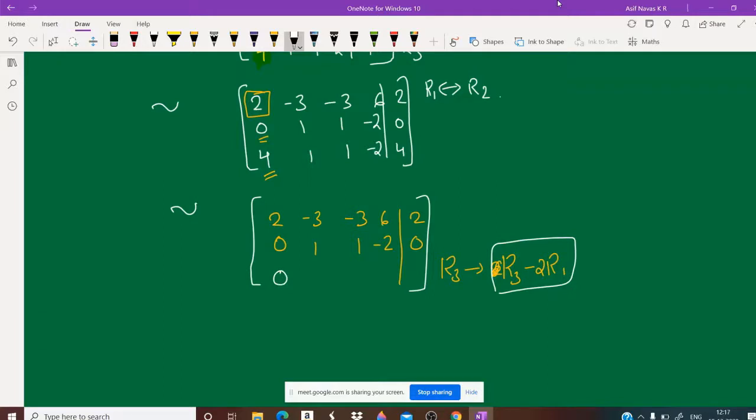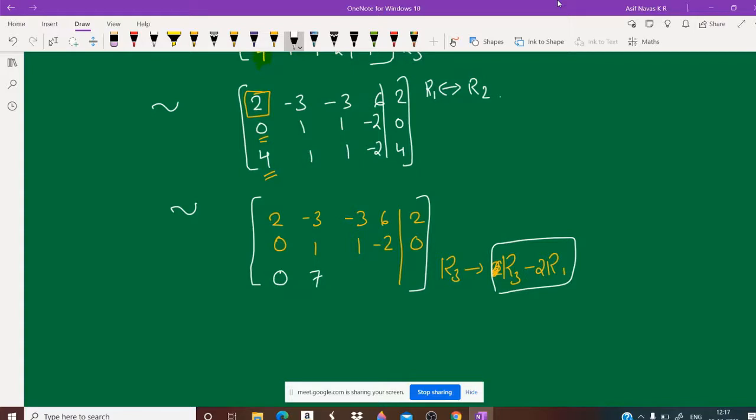And what will be here? Tell me what is the value here? 1 minus minus 6, that is 7.